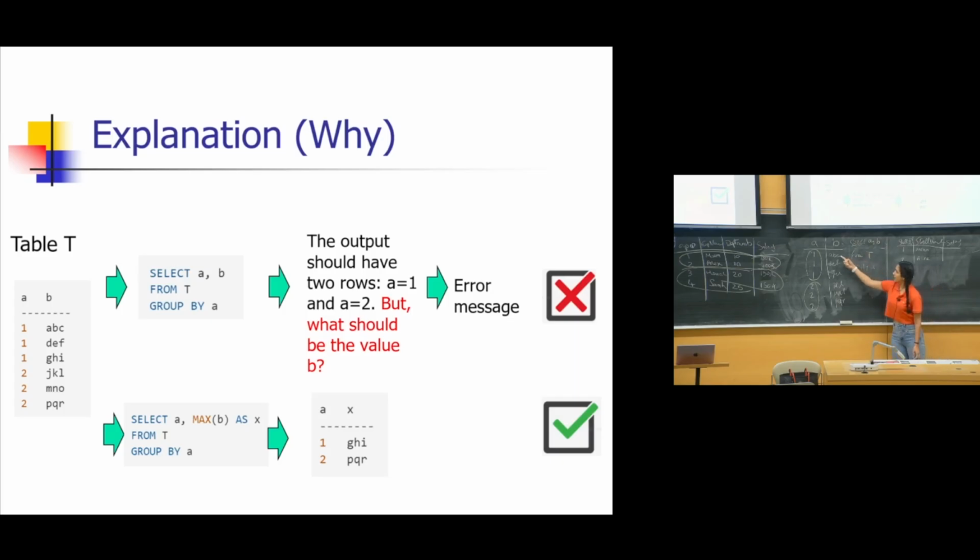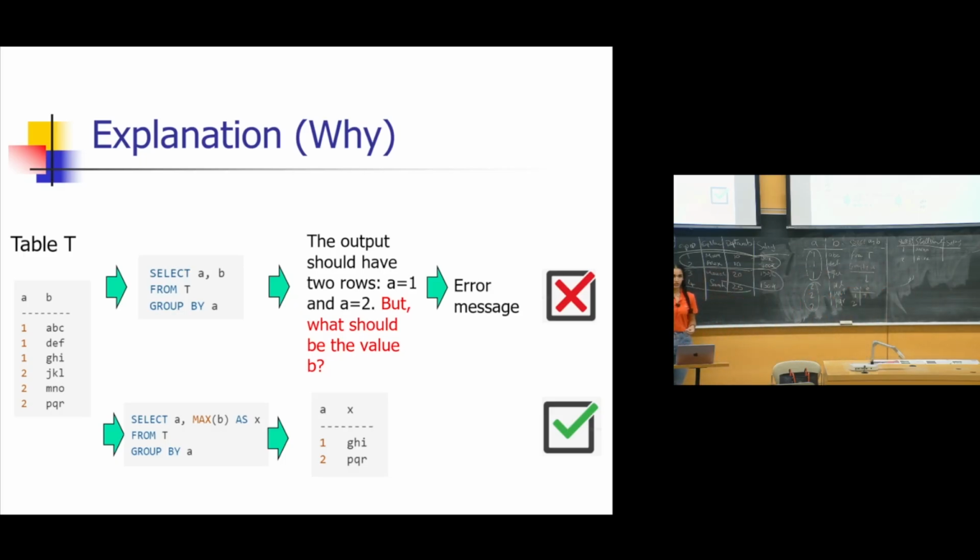We don't know which value of B to write for each A. So whenever I group by A, my result should be something like that, right? So here I have A, which is 1 and 2. So only these 2 values because we grouped. So we have 2 groups. Group 1, group 2. So what is the value of B here? I don't know. There are 3 values. We cannot write multiple values in one cell.